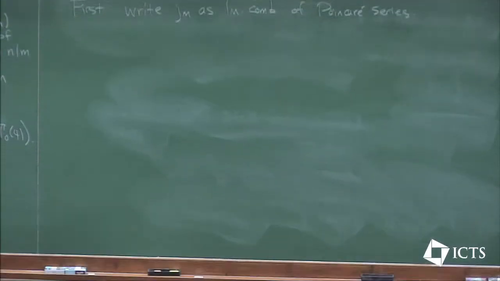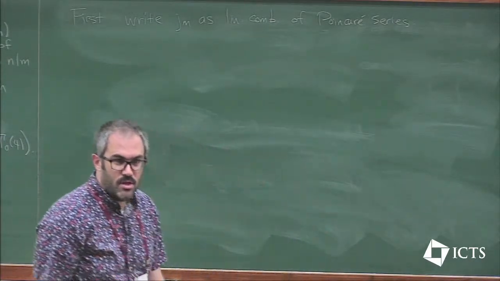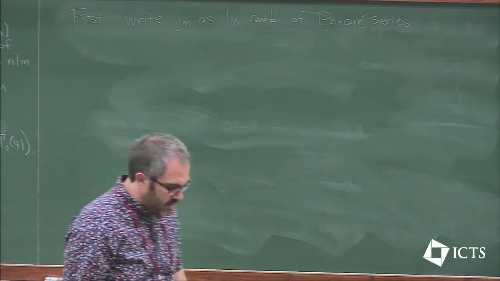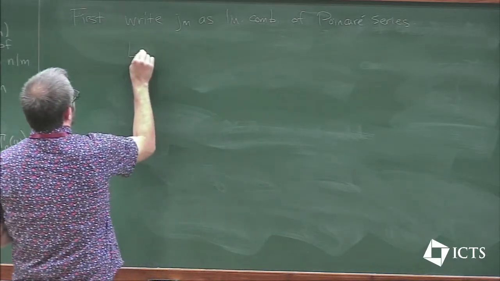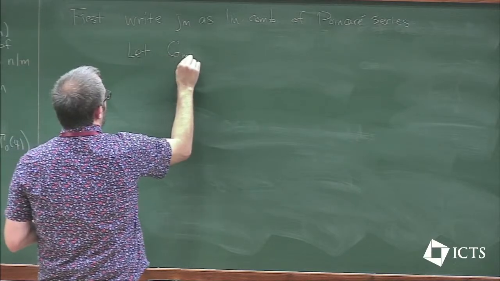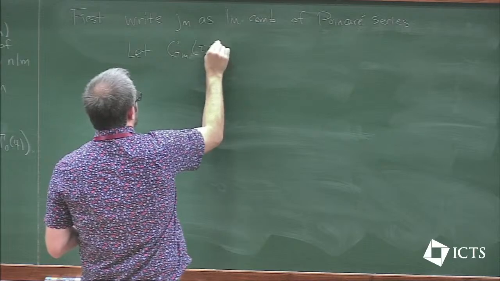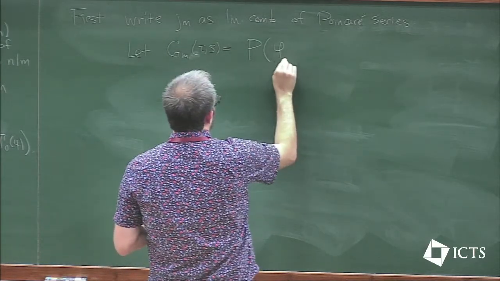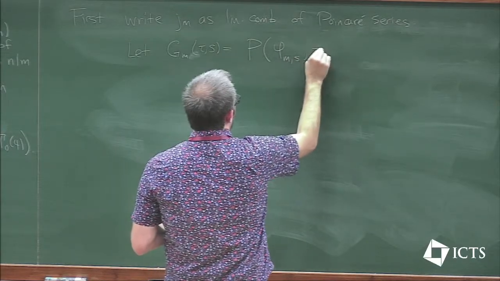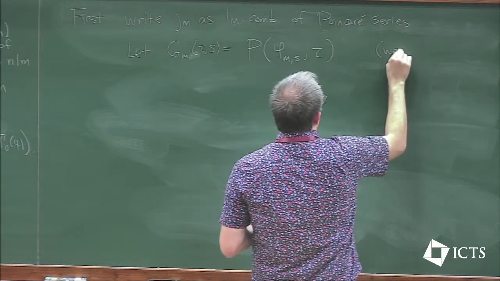So maybe a theme is you should study Poincare series and know how to use them as a tool because they're very useful. Okay, so what are these? So we're going to let G_m of tau, s be the Poincare series for a certain seed function, which I'll call phi_m,s. Let's say the weight is 0.